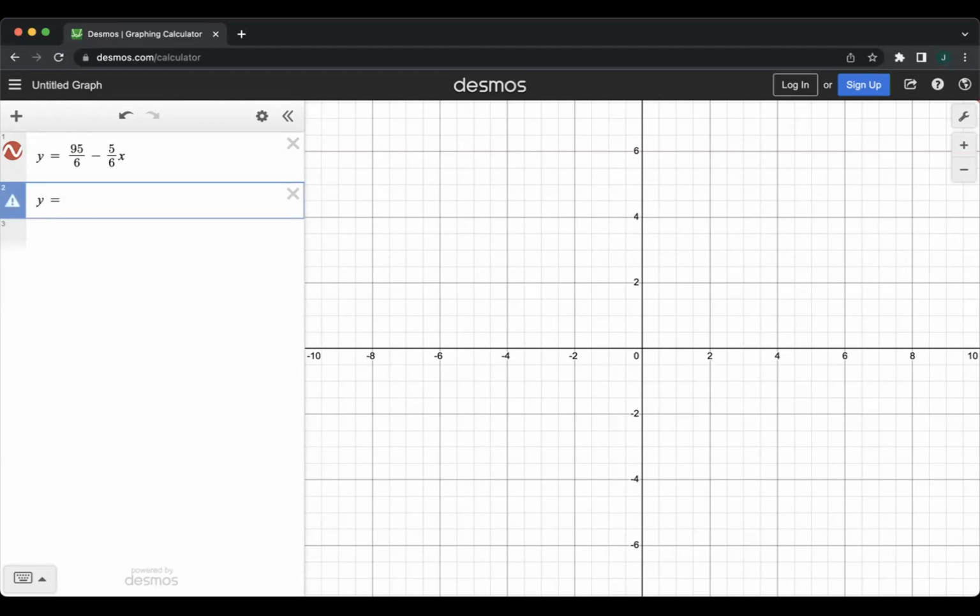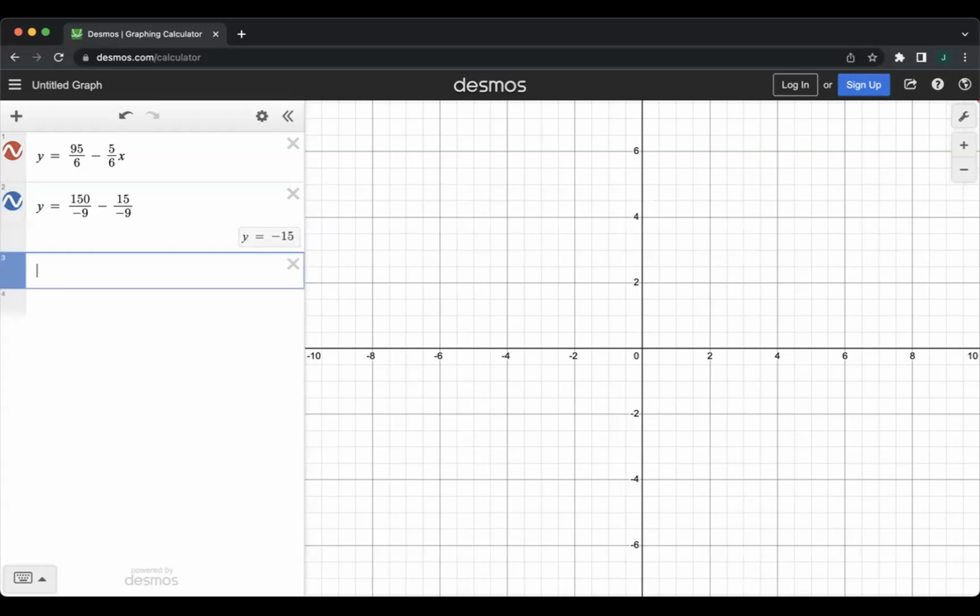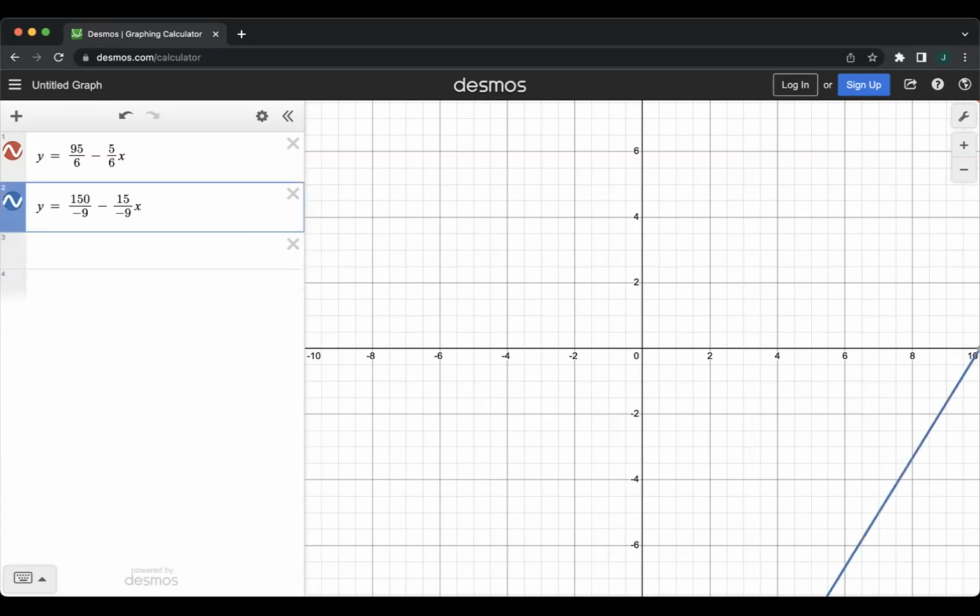Y is equal to 150 divided by -9. Let's see, minus 15 over -9. Okay, so there's another equation. Oh, whoops. I forgot the x here. That's not good. That's an x.